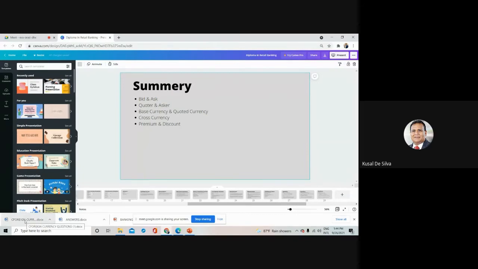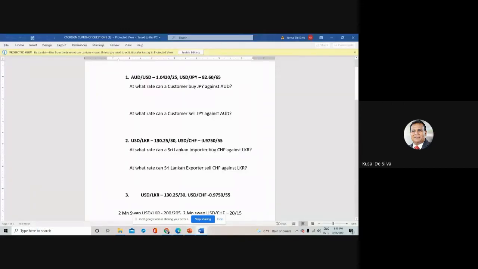Have you all done the calculations? The first question: AUD USD, I have given a rate. USD JPY, I have given a rate. At what rate can the customer buy JPY against USD?